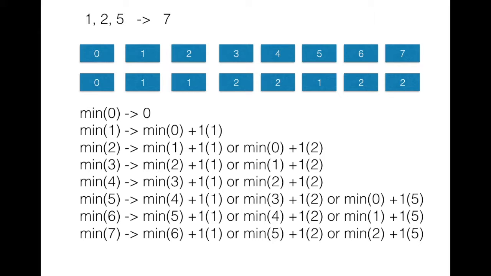We always use the previous solution for the current question. And now we finally arrive at 7. Look at that. What's our choice? It's either 1 or 2 or 5. So when we take 1 pound as the final step, we need the minimum for 6, which is a solution we got already in a previous step.